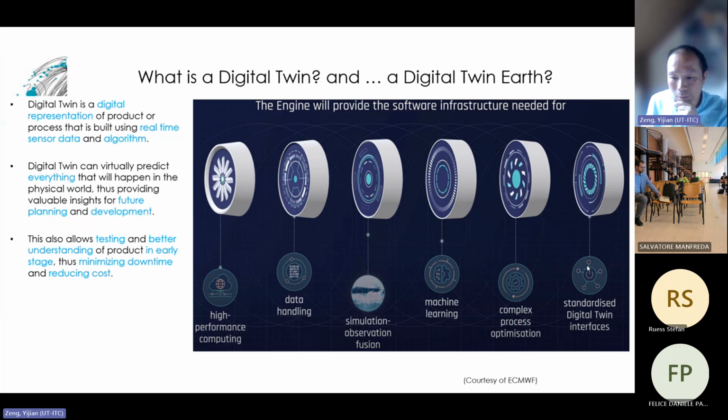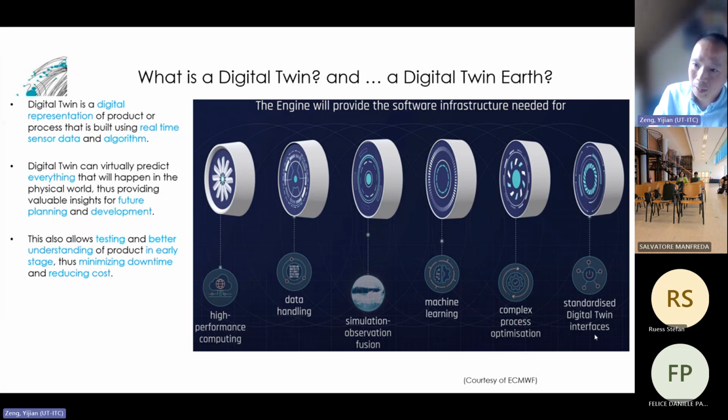And then they also have complex process optimization. When you have a very complex workflow and very complex code, how do you optimize the workflow to make it run more efficiently? And then you also need to have a standardized digital twin interface.